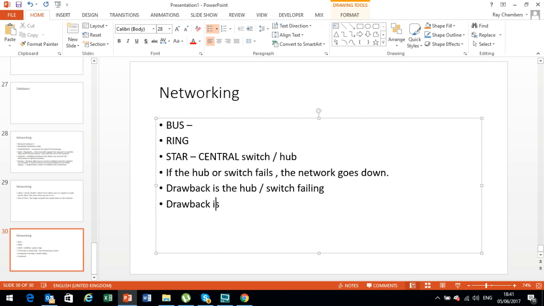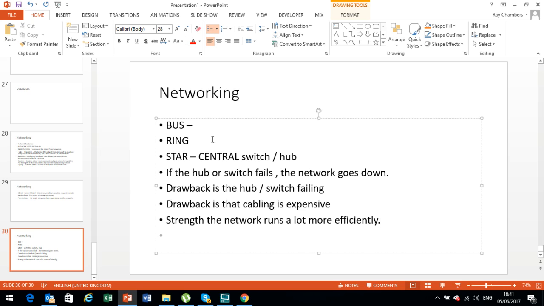Another drawback is the cabling is expensive. Strengths: the network runs a lot more efficiently. Strength: the traffic only goes where it's intended.